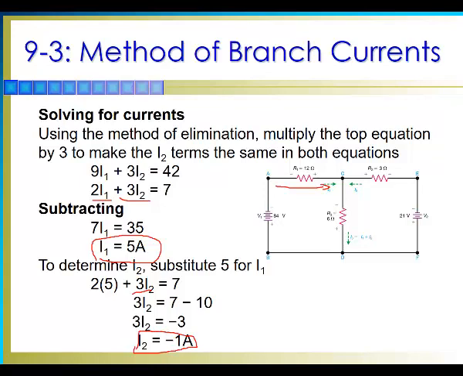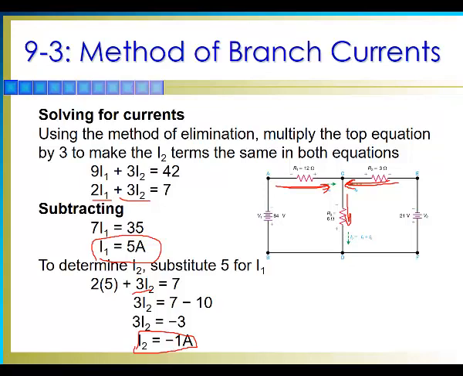So that means the current that comes in here is 5 amps, and the current from here is -1 amp. So 5 amps plus -1 means I3 must be 4 amps. Now, what does the negative mean on current I2? We determined that the current is going this way, but we ended up getting a negative value.